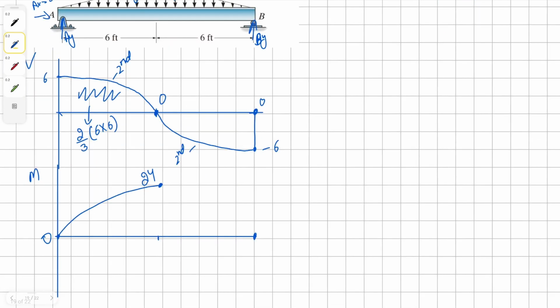And then finally, we're going to use the same formula, but it is on the negative side, so our curve is going to go downwards.